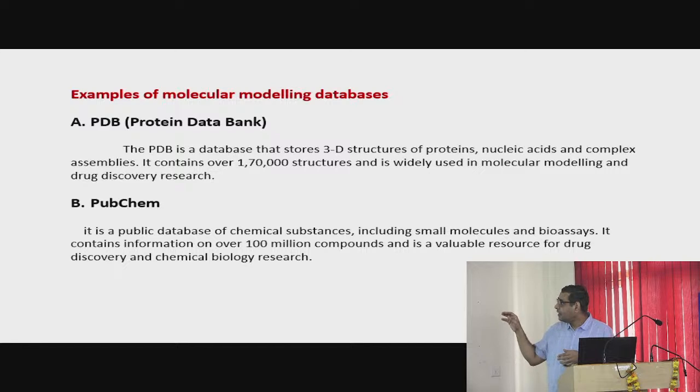So it contains nucleic acids and complex assemblies, and this is recent data that 170,000 structures are already defined, and you can use these structures for your research, whatever you want to do. The theme of the GAN workshop is drug design.